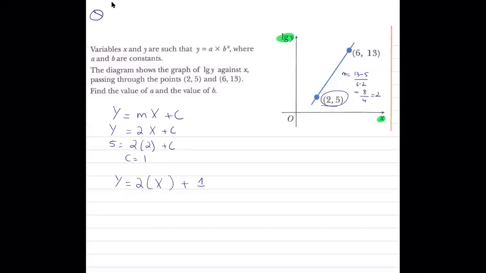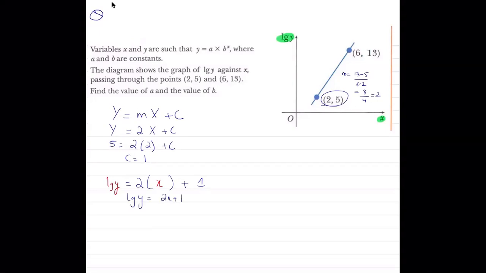So now I'm going to replace Y with lg y and X with small x. So the equation becomes lg y equals 2x plus 1.